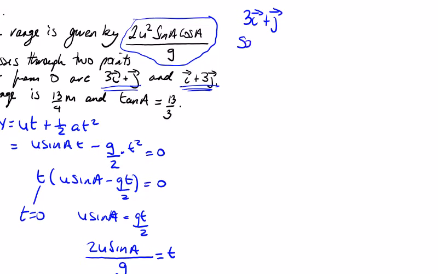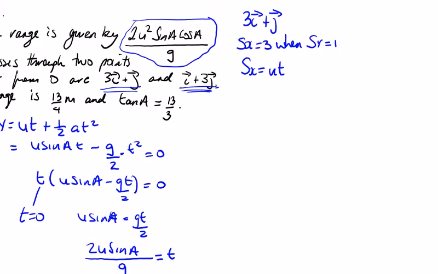So we can say that s of x, displacement in x, is equal to 3. And the displacement in y is equal to 1. So what we can do is get t in terms of u for my s of x. S of x is equal to ut.